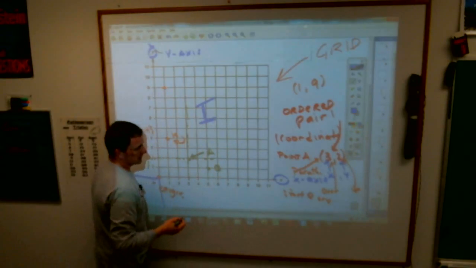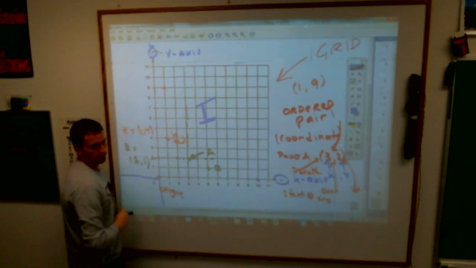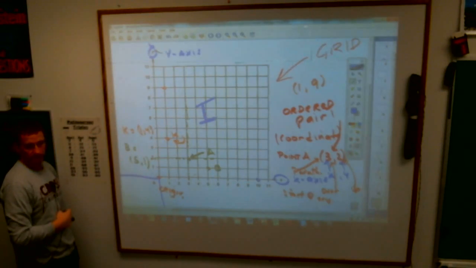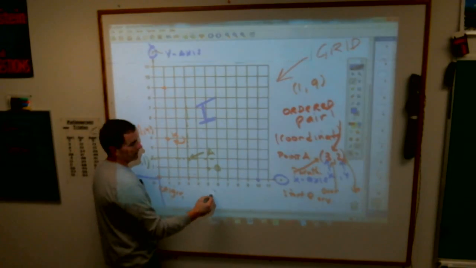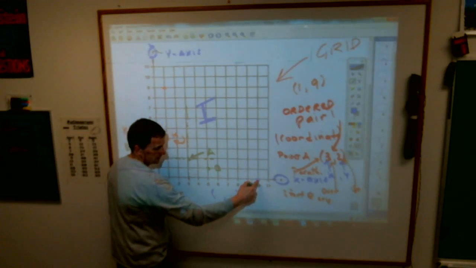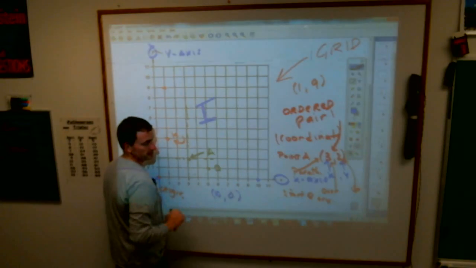Other points where people get mixed up are when the point falls on one of the axes. Like if I put this point here, what are the coordinates of that point? Well, how far over is it? That point is 10 over. How far up is it? 0 up.